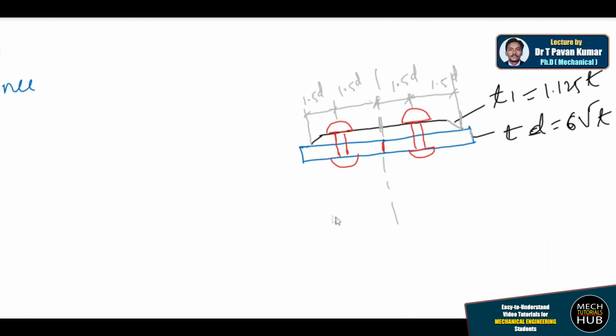One more important point is, for example, if I try to draw the top view, I'll take the projector lines and a center line. All these are very much important; you can't simply draw.